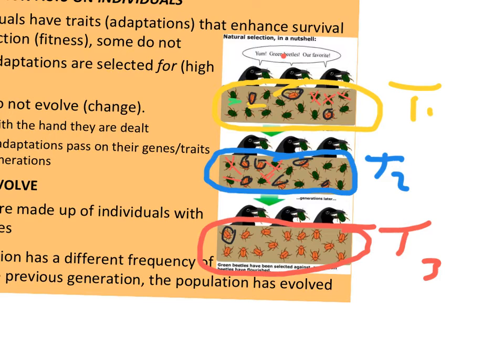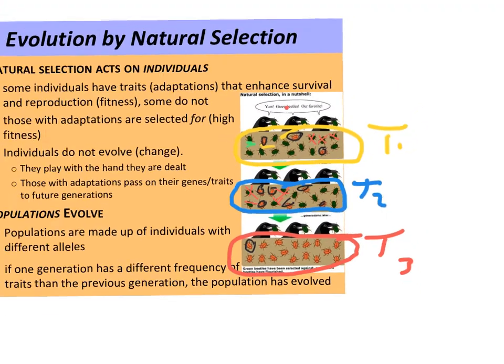But that changes. So now, in terms of the population, from time 1 to time 3 it has evolved. It's evolved from time 1 to time 2. It's evolved from time 2 to time 3. In other words, the frequency or composition of the alleles in that population has changed.